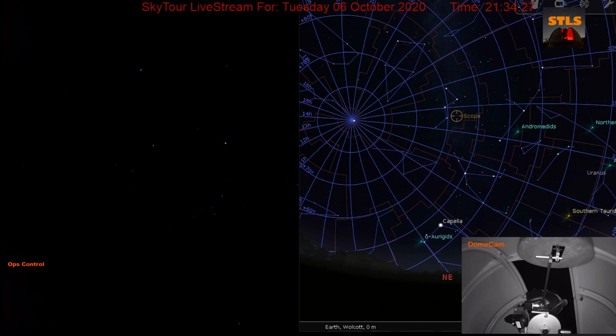If you look at the sky map Mark put up, there's the bright star Capella rising in the northeast, constellation Auriga. Auriga is the charioteer. Capella is called the goat star. We can't quite see it there. If you look really close, just under the P in Capella, there's a star.